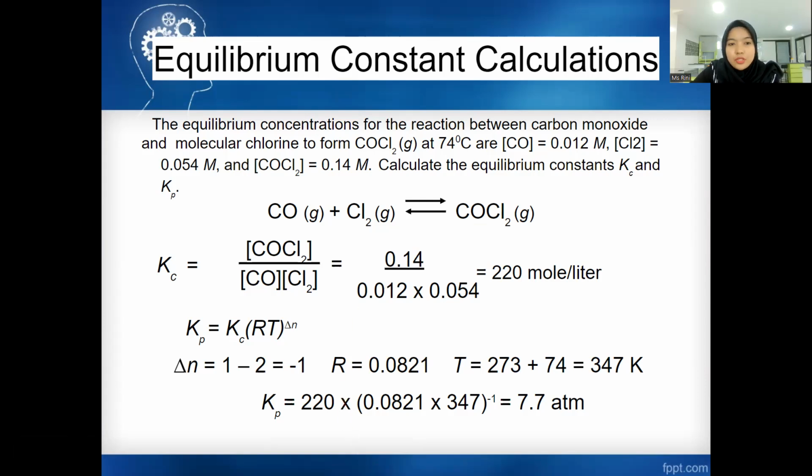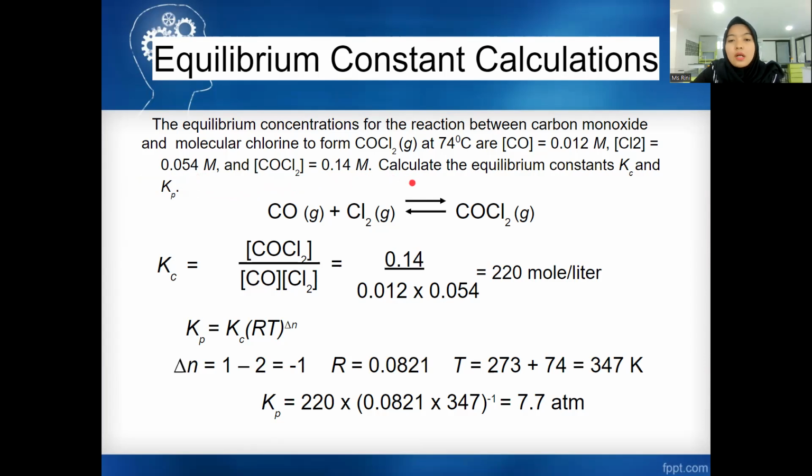Okay, so let's solve this question. The equilibrium concentrations for the reaction between carbon monoxide and molecular chlorine to form COCl2 gas at 74 degrees Celsius are: concentration of CO equals 0.012 molar, concentration of Cl2 equals 0.054 molar, and concentration of COCl2 equals 0.14 molar.